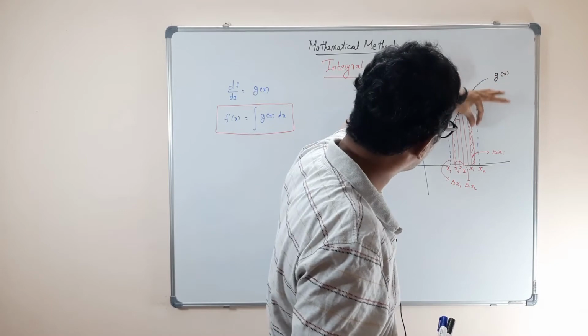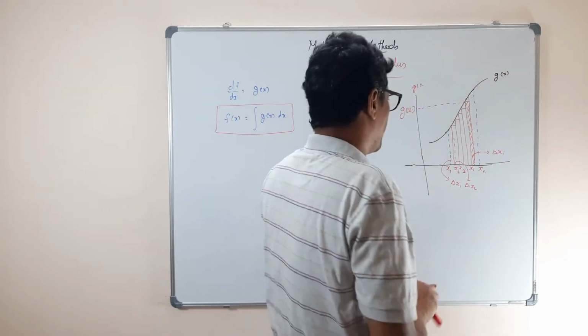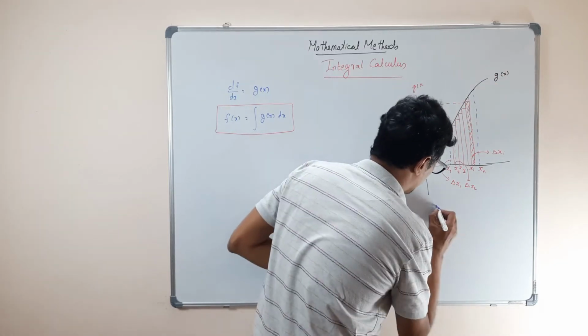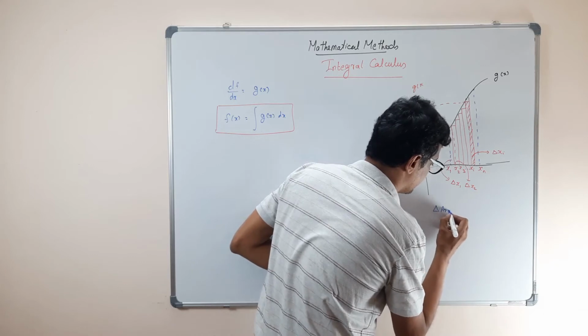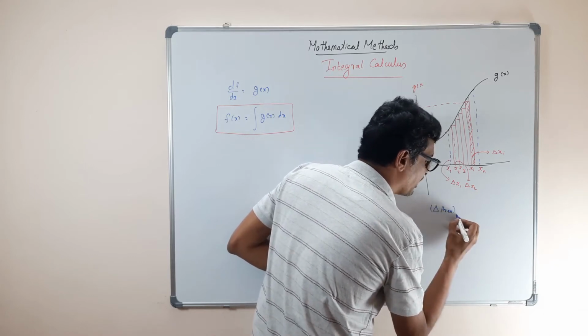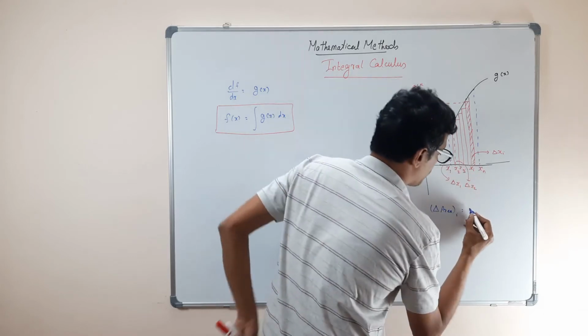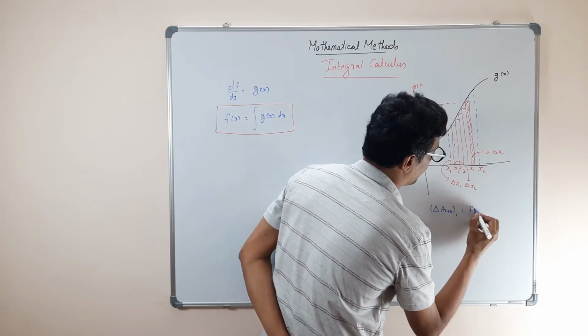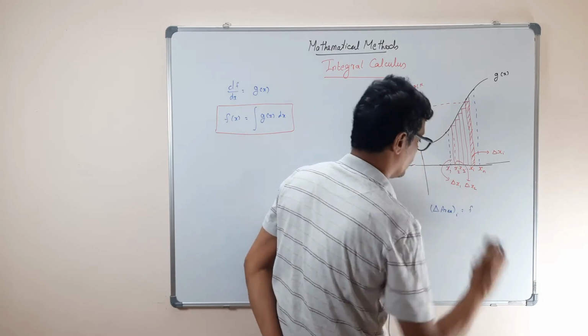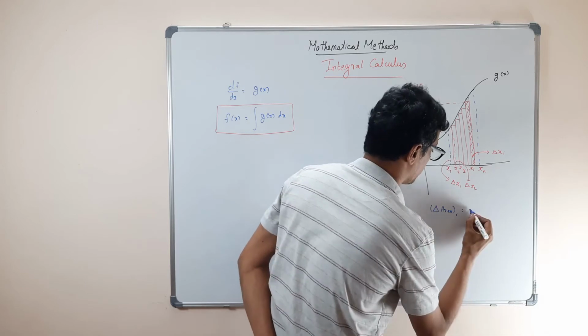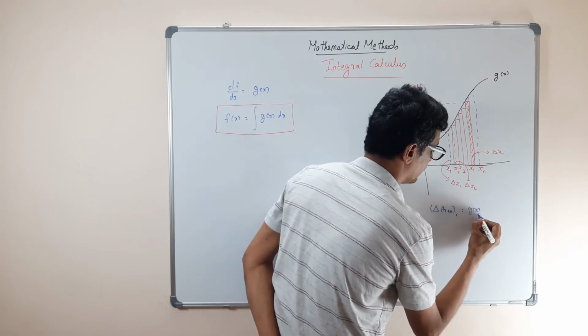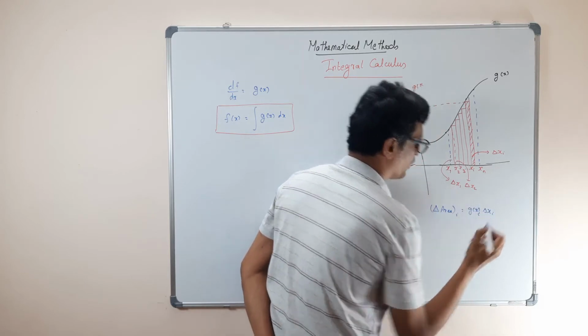So the area of this small element, let me write it as delta area of the ith element. It will be g of xi into delta xi.